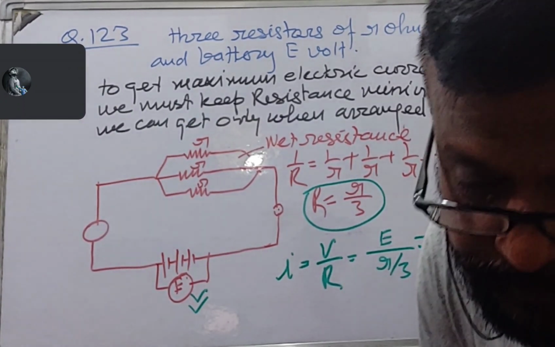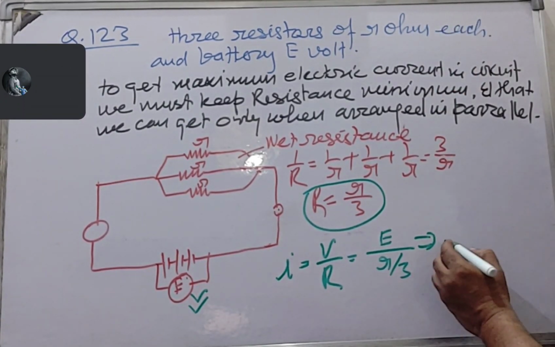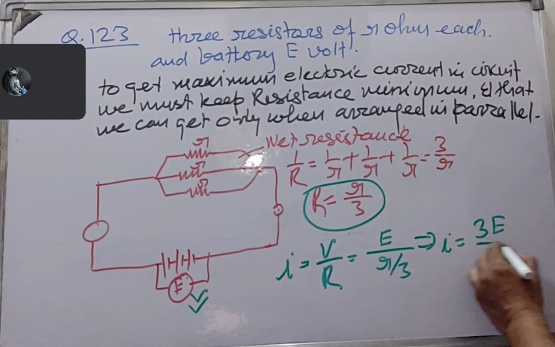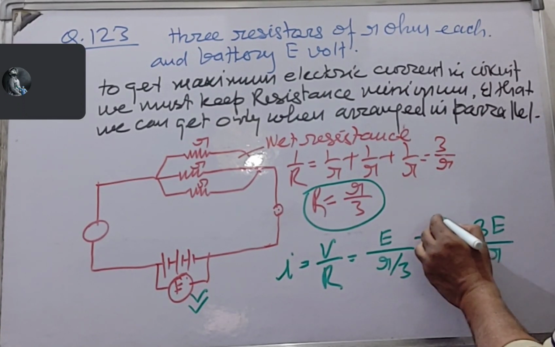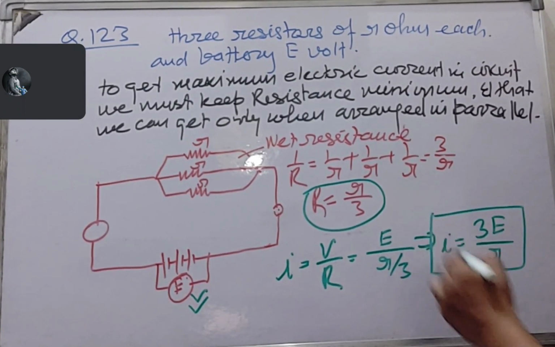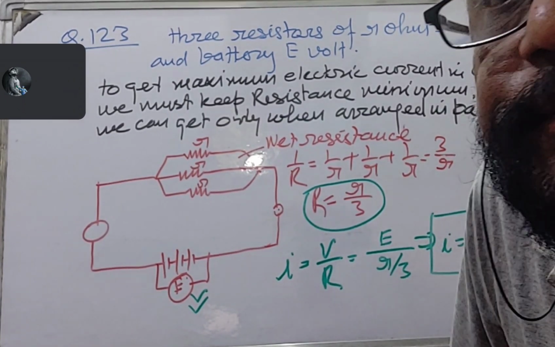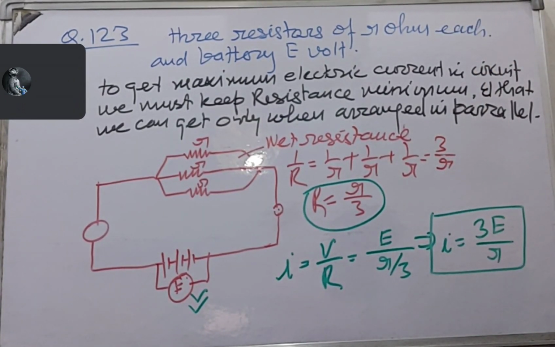So we can write I is equal to 3E upon small r. Getting? I hope you get this. Okay.